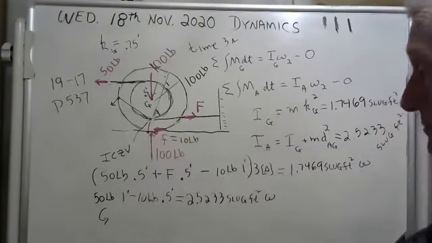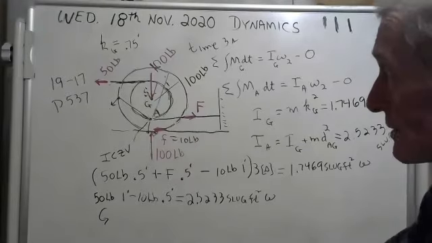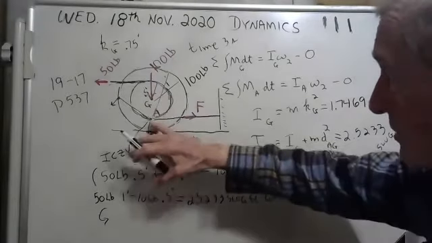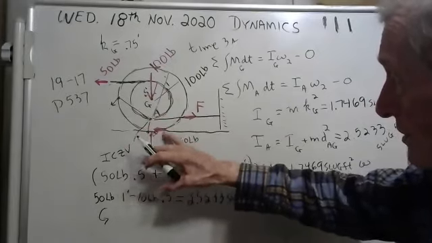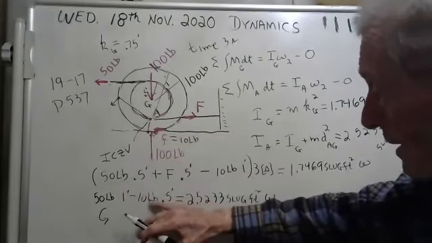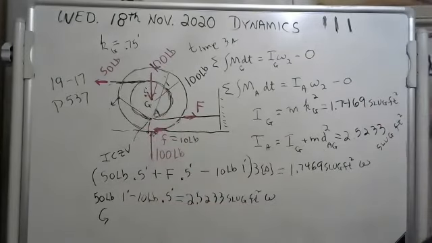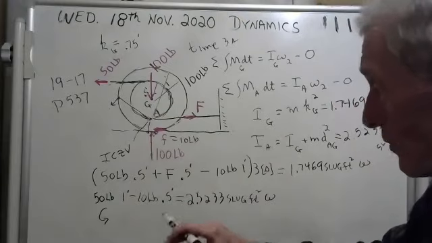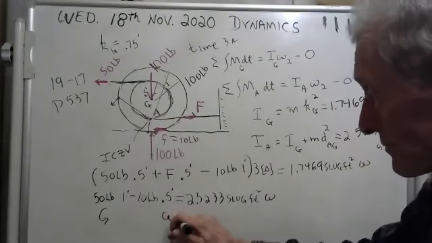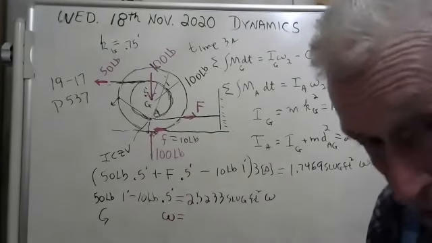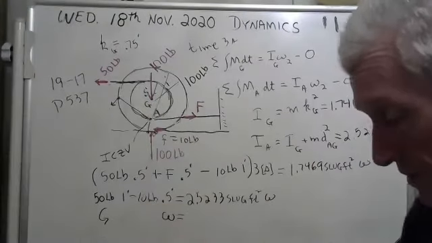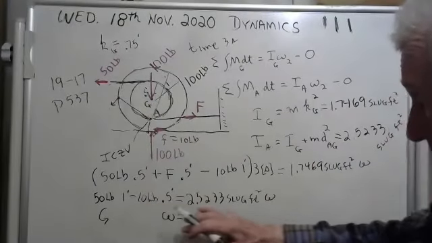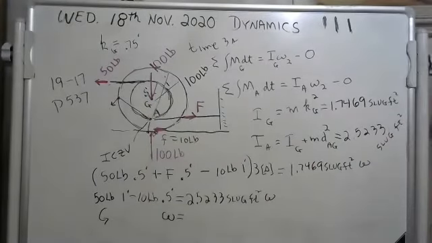Yeah, that's right. The distance to the 50 is 1, but the distance to the little f is 0.5. Hey, I like it a lot. We can get omega now. Take your calculators and plug in that equation for me and find the omega. Go for it.